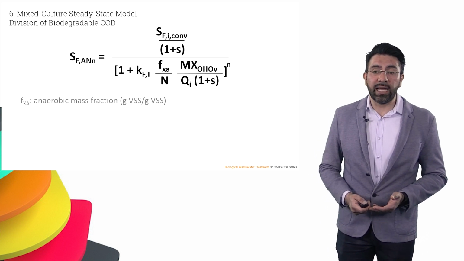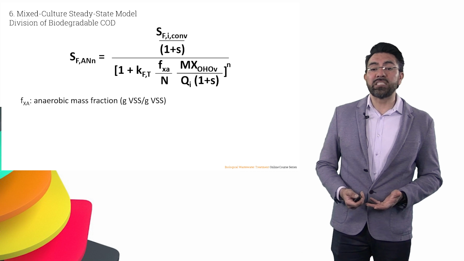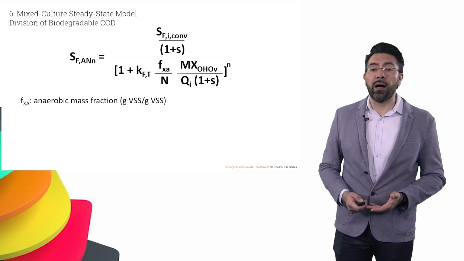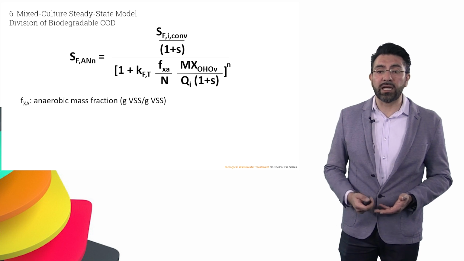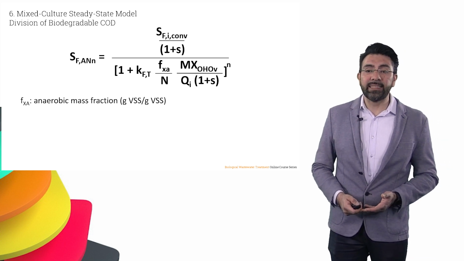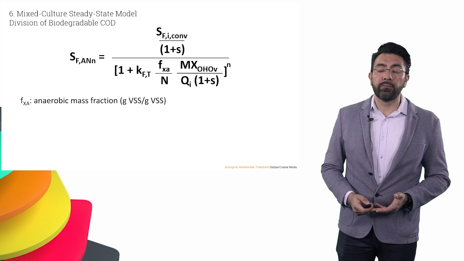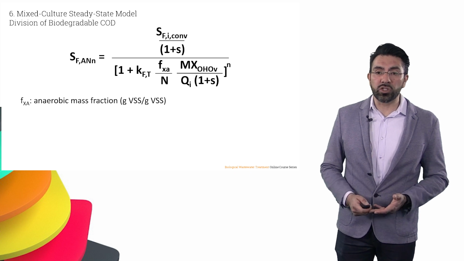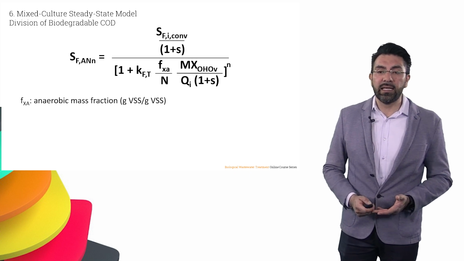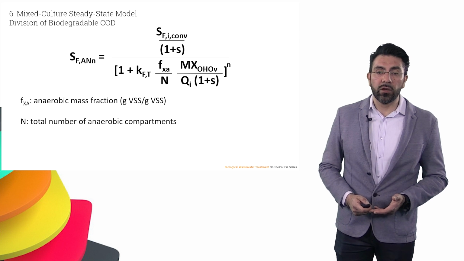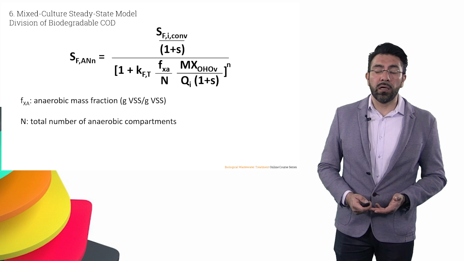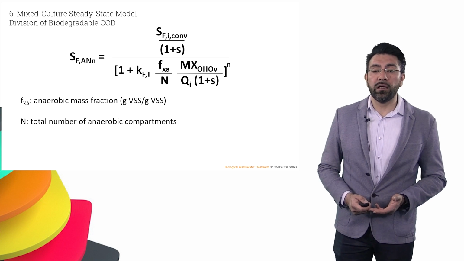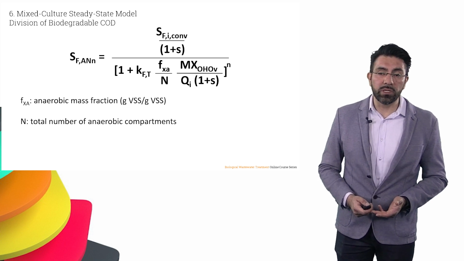We take into consideration the anaerobic mass fraction, that is a ratio between the total volume of the reactor with regards to the sludge accumulation and the concentration of solids that we have specifically in the anaerobic selector. We take into account how many compartments compose the anaerobic selector.